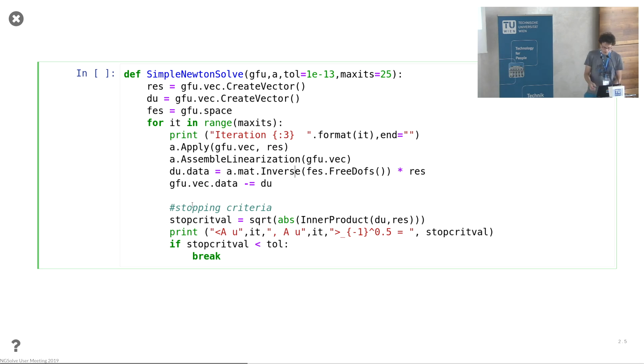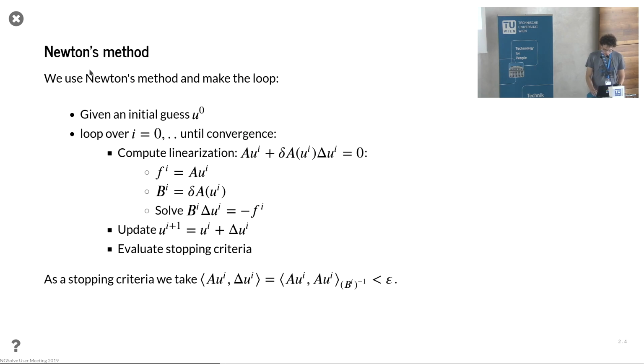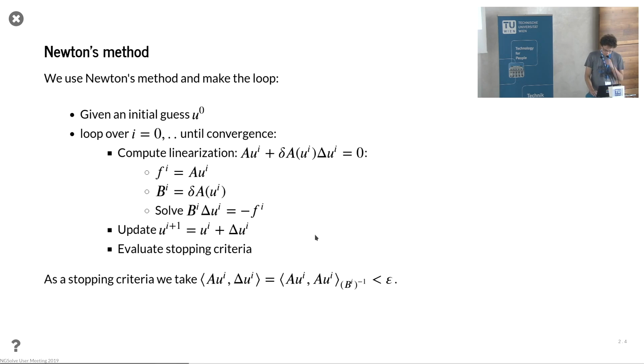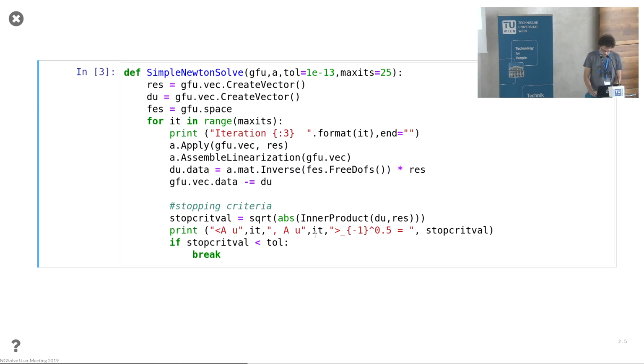Yeah, so it's relatively simple. So the key point is that we can do this assemble linearization where you don't have to do this by hand, but this will happen automatically. So it will essentially differentiate your expression that you have defined in your bilinear form here with respect to your argument u. Okay, so let's see.